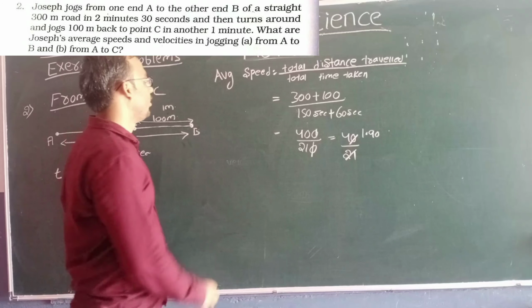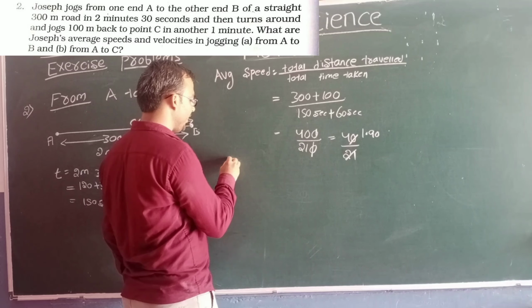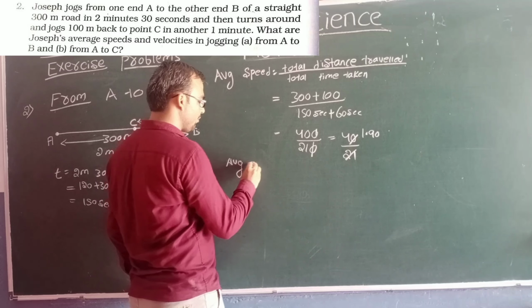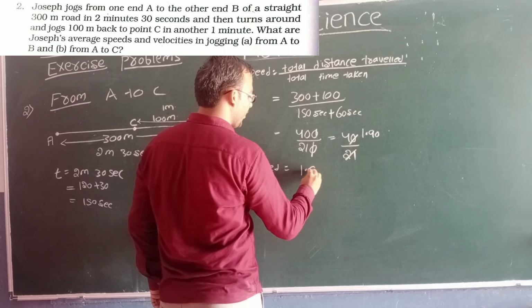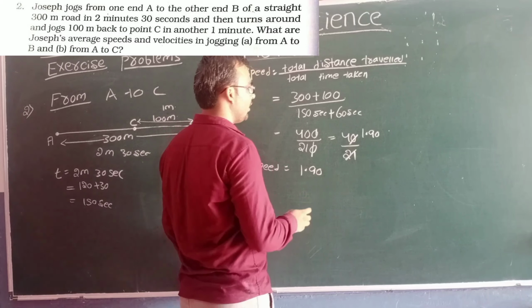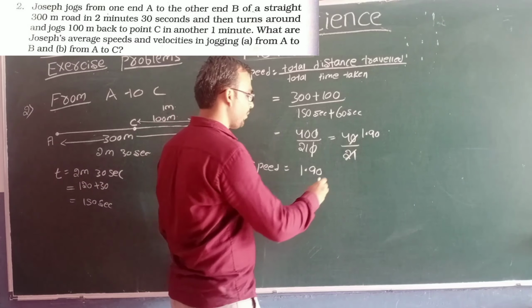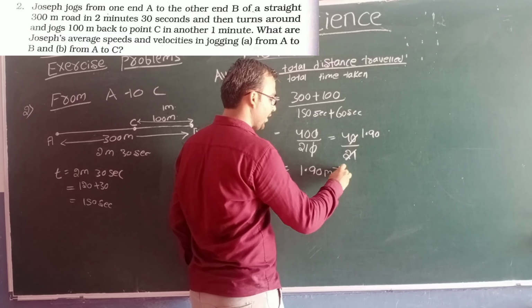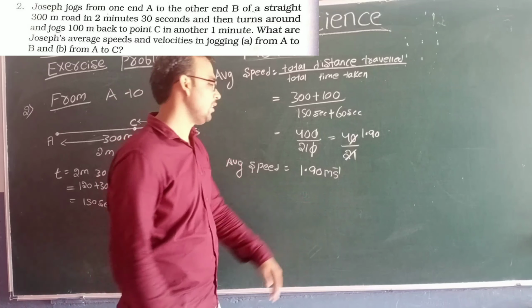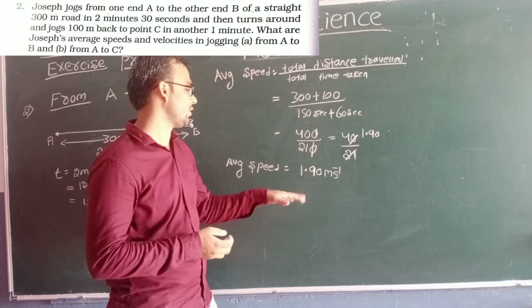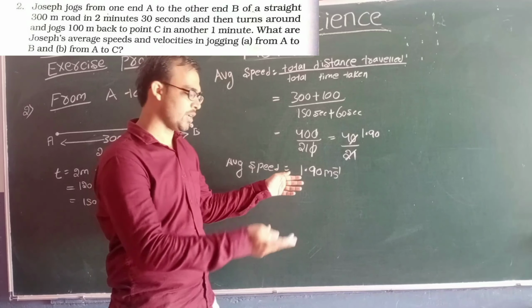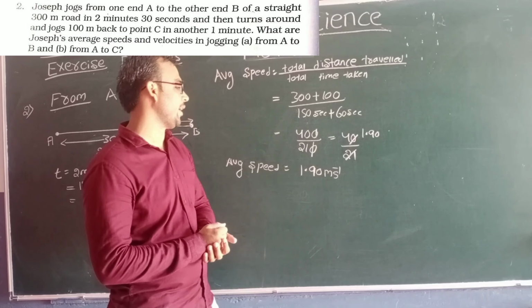So what is the average speed? Average speed is nothing but 1.90. Speed SI unit is what? Meter per second. So 1.90 meter per second, or you can simply say 1.9 meter per second.